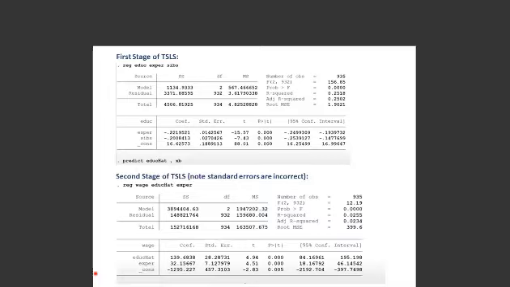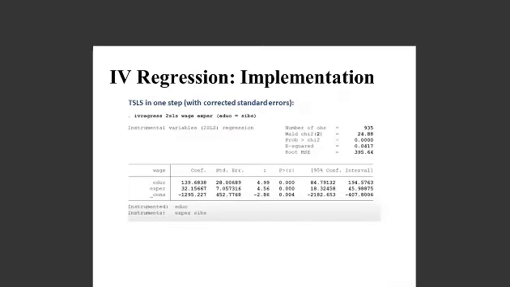Now I'll show you how to conduct this in Stata using just one step. So if you were to use ivregress 2sls, and then put in the dependent variable, put in the exogenous variable of interest, and in parentheses, you would put in the endogenous variable equaling the instrumental variable.